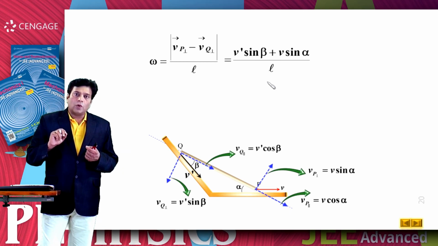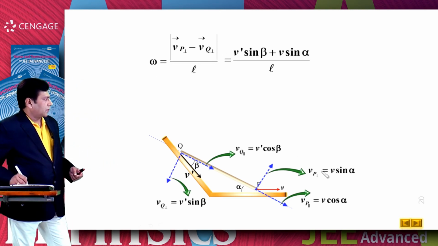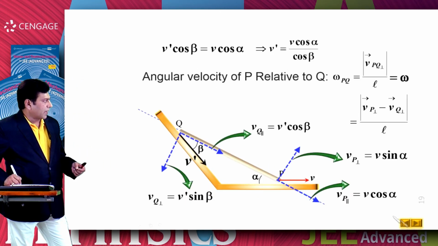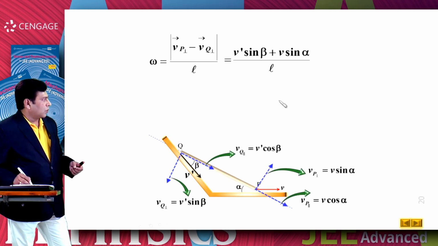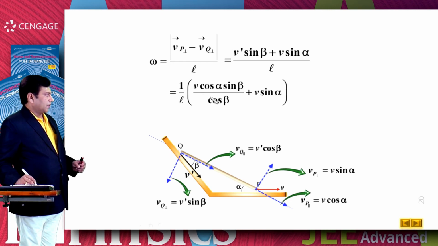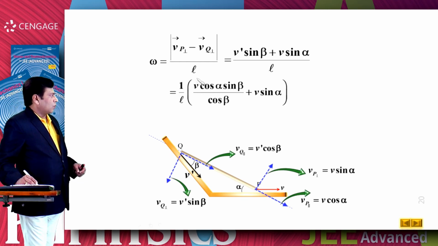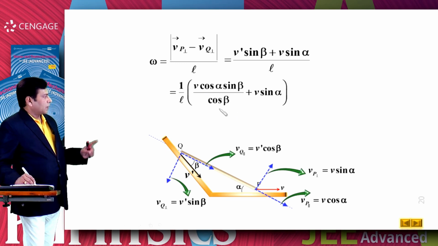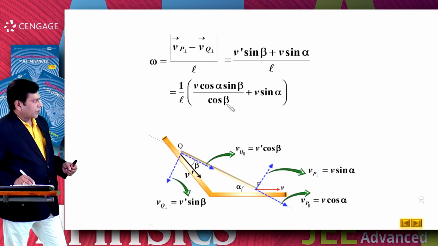So what we can do? We can substitute the value of v dash in this equation. You know, v dash value we have calculated here. So we can substitute this v dash value at this position. Now we can write like this. This is the value of v dash. Now we can solve this equation.